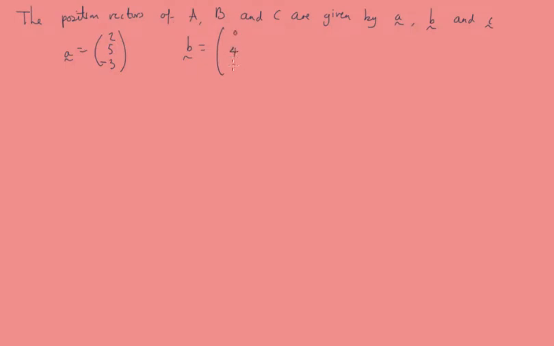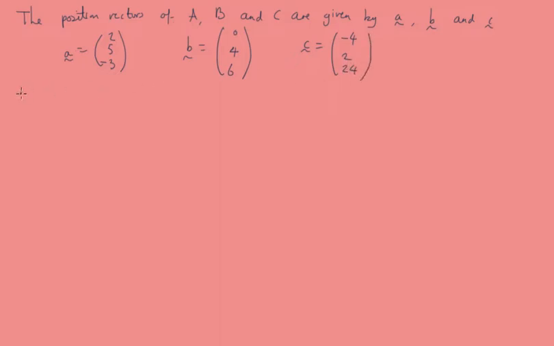The position vectors of A, B, and C are given by vectors A, B, and C, where A is (2, 5, -3), B is (0, 4, 6), and C is (-4, 24, 2).